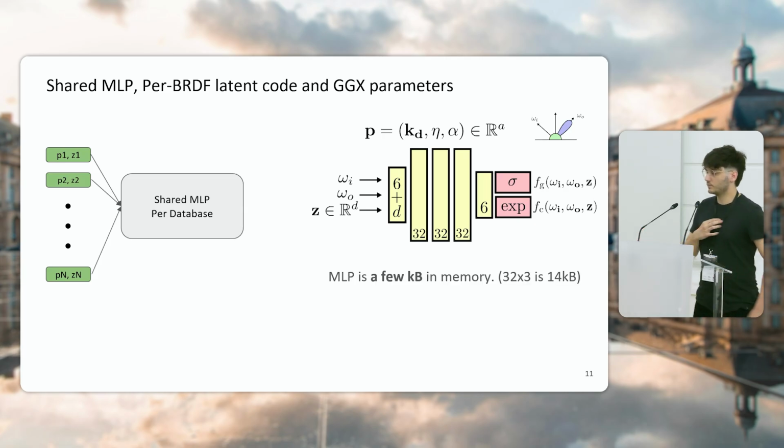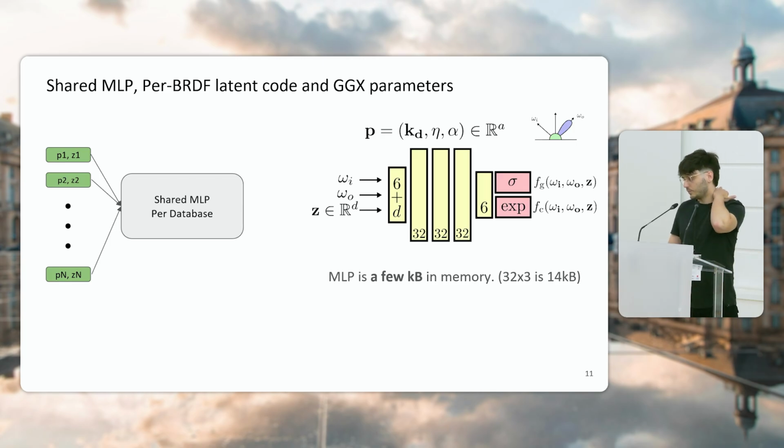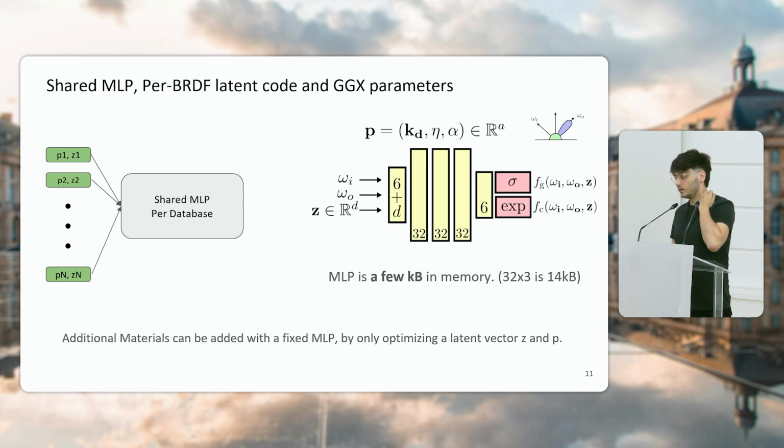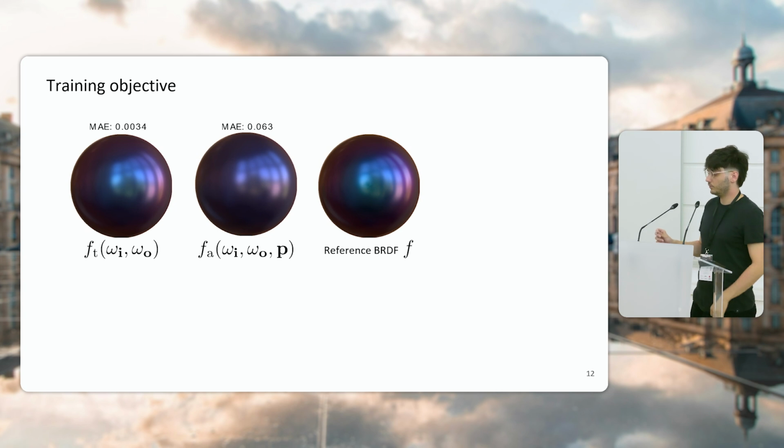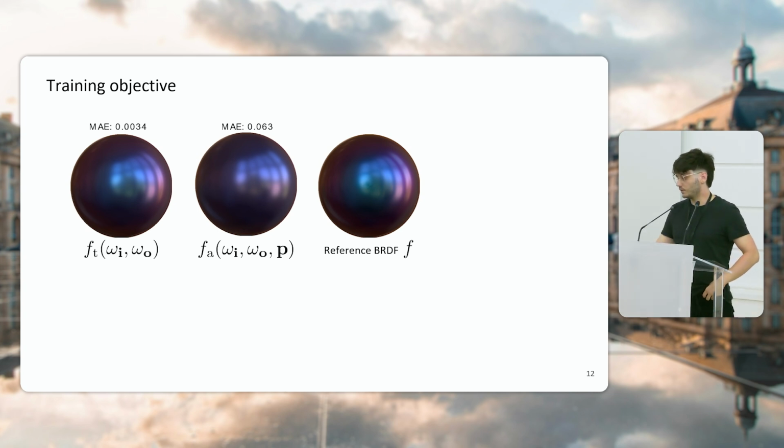The MLP itself can be stored with a few kilobytes of memory. In the depicted 32x3 model, it's only 14 kilobytes. And new materials can still be added after training by just freezing the parameters of the multilayer perceptron and optimizing only these two vectors.